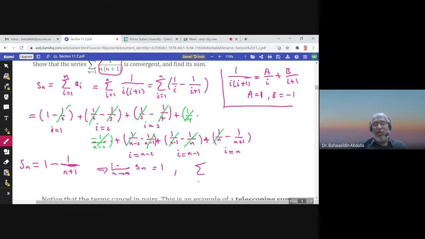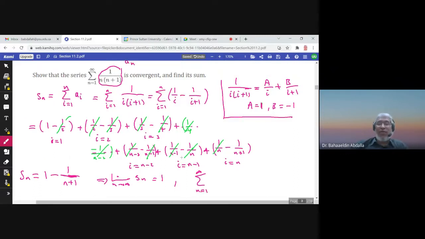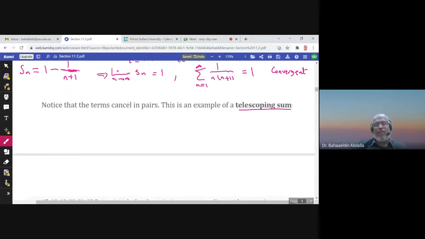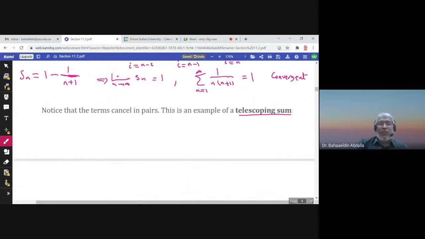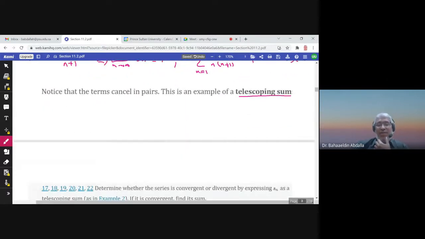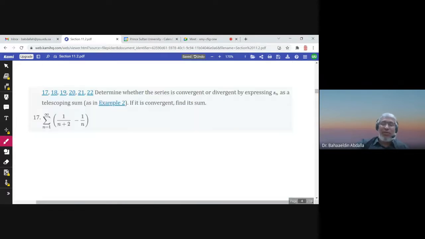So the summation from n equals 1 to infinity of 1 over n times n plus 1 is 1. This infinite sum equals 1, and the series is convergent. Terms cancel in pairs, and we call it a telescopic sum.